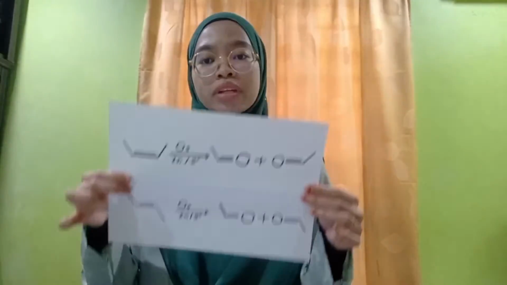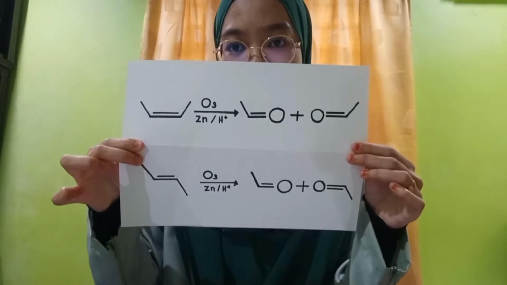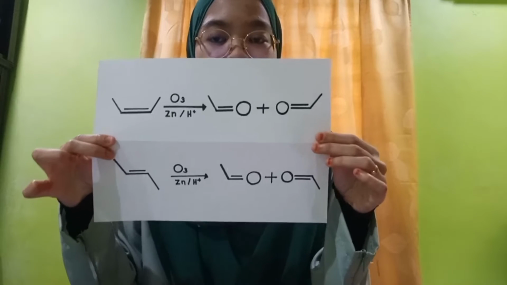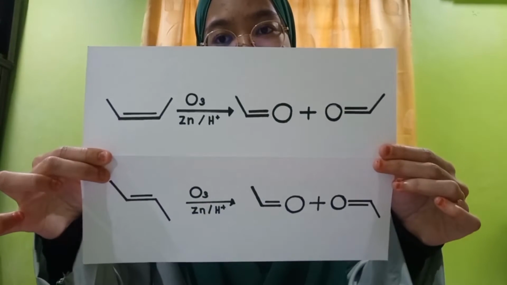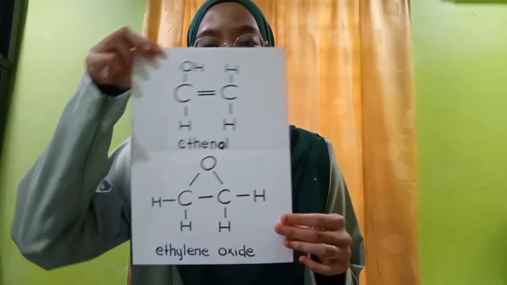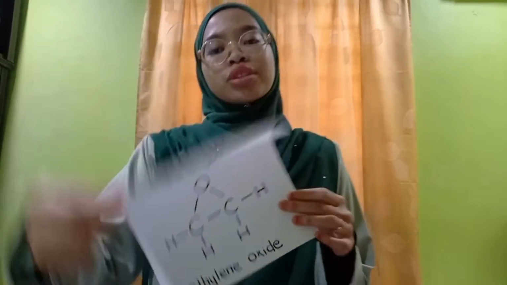Because the statement said that when compound A and compound B undergo an ozonolysis reaction, it will give a single product, which is compound C. So this is the reaction that occurs. And lastly, I have found 2 structural isomers of compound C, which are ethanol and ethylene oxide. So that's all for compound C.